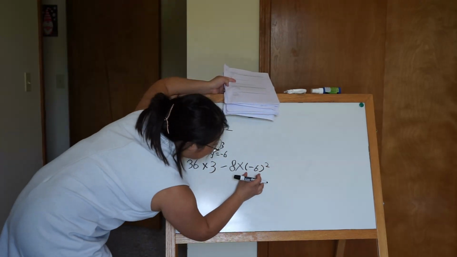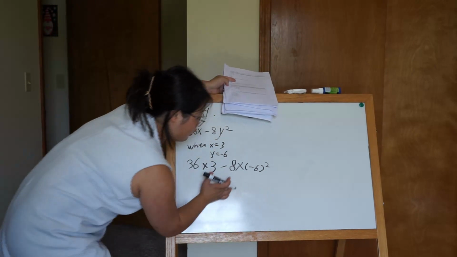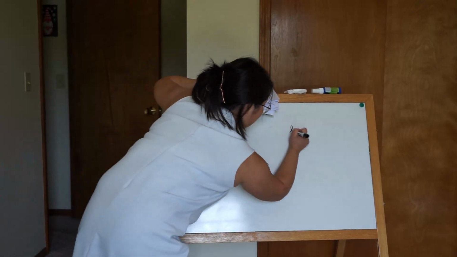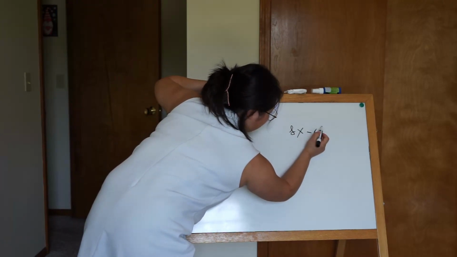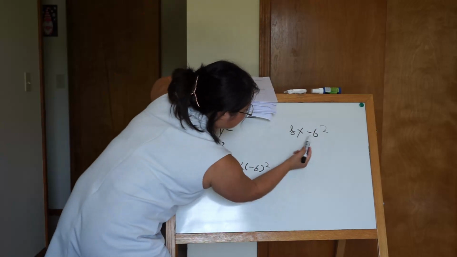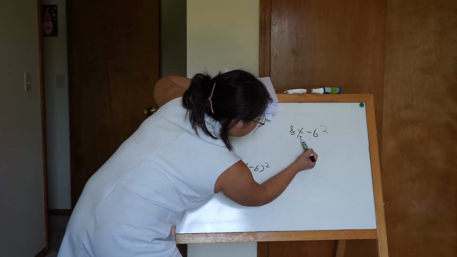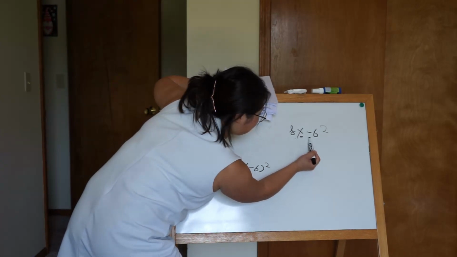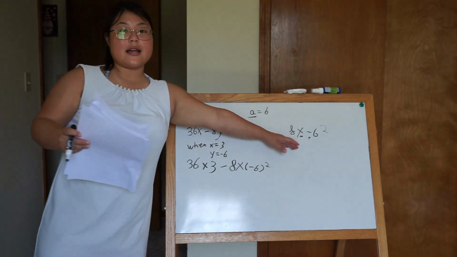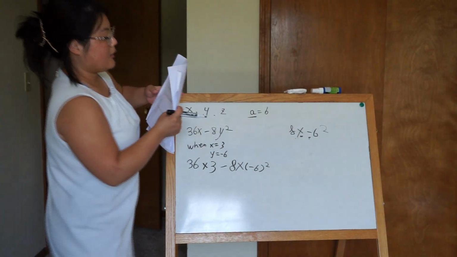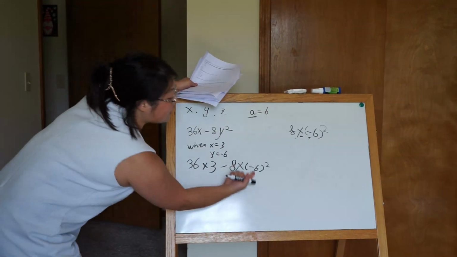We need to use brackets to keep the minus 6 together. If we don't use brackets, it will make it multiplied by minus 6 squared. This will be confusing because here is a multiply sign and a minus sign. This will be a mistake. So we need to bracket together. And then let's calculate them together.